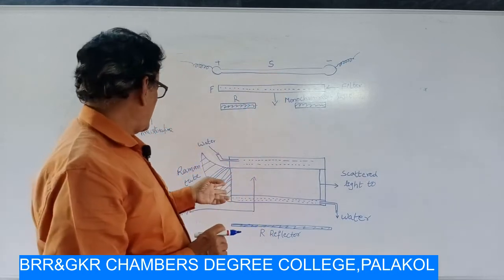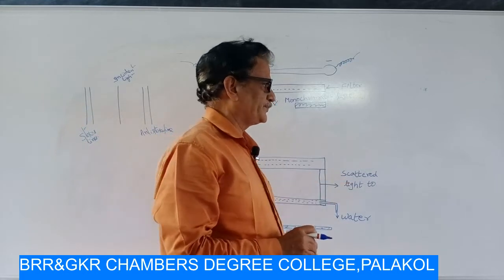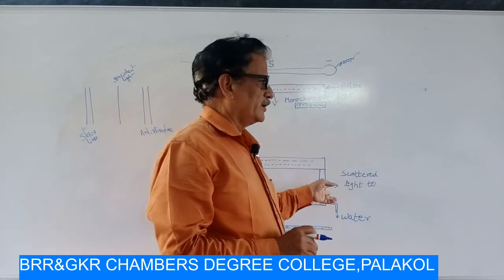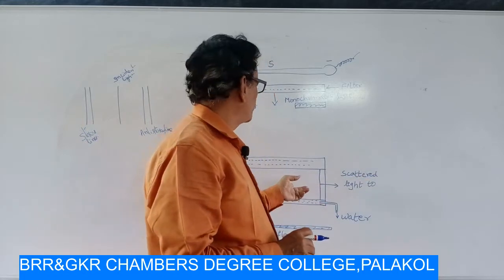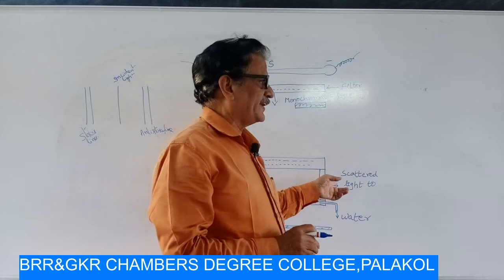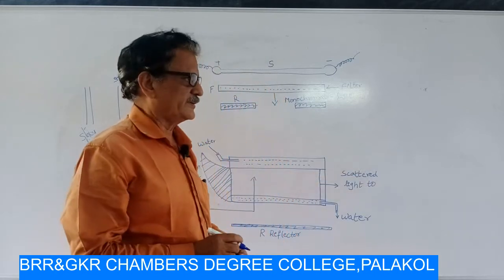The scattered light is observed from the right-hand side through a spectrograph or spectrometer, and the scattered light frequencies are calculated.